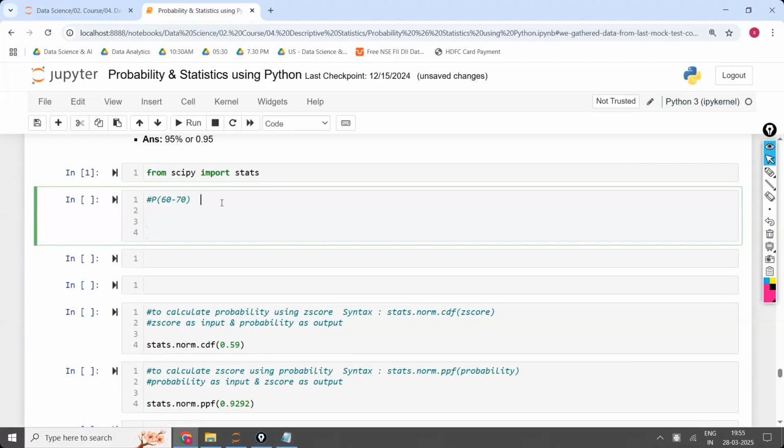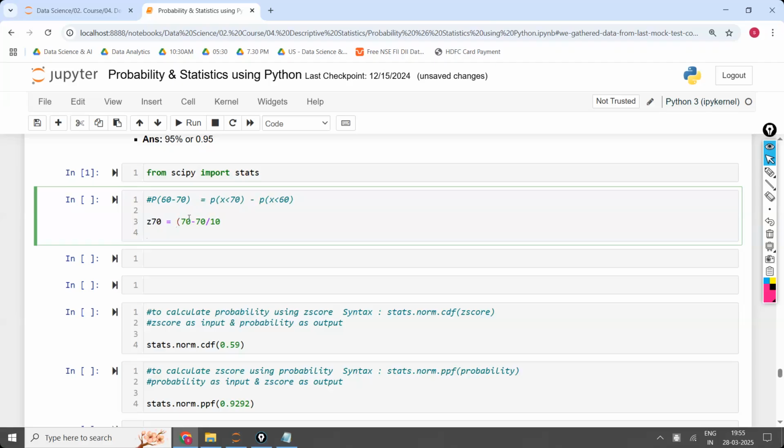What do I have to do first? I have to calculate the probability of x less than 70 minus the probability of x less than 60. Now, how to calculate the probability of x less than 70? First, you have to calculate the z-score of 70. How to calculate it? 70 minus its mean value, divided by the standard deviation.